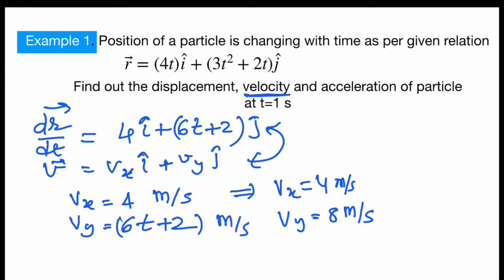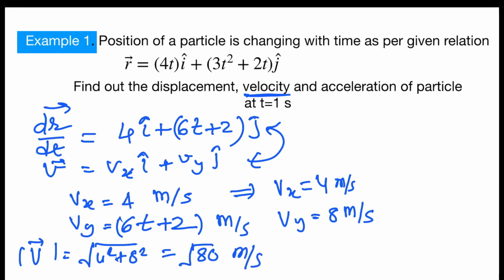So the magnitude of velocity can be given by the square root of 4 squared plus 8 squared, and that is equal to square root of 80 meter per second.